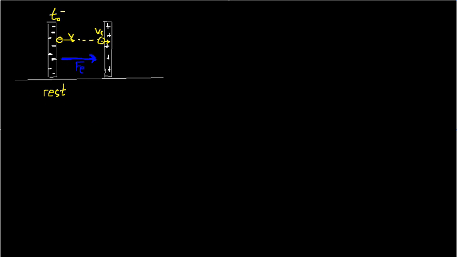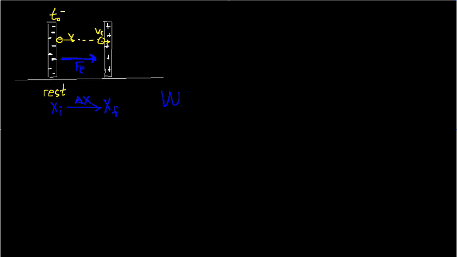And so since the force is acting and the electron is having a displacement, it's at some initial position here, and now it's at some final position, which means there's a displacement in this direction. Notice there's a force in this direction and a displacement in this direction.